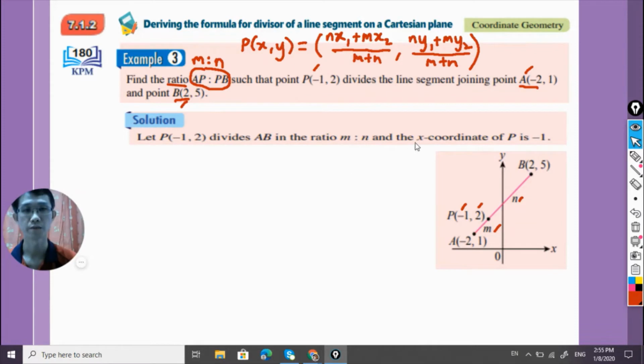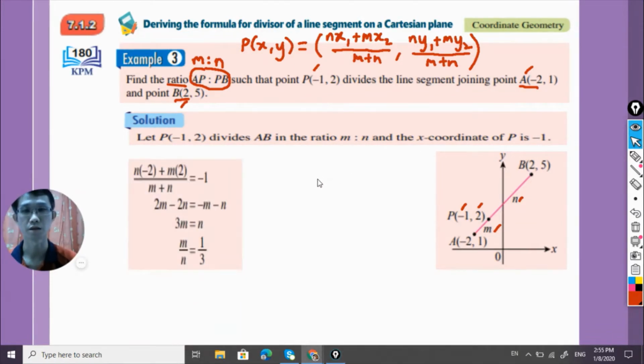So let's say for example we use coordinate x of P to get the ratio.